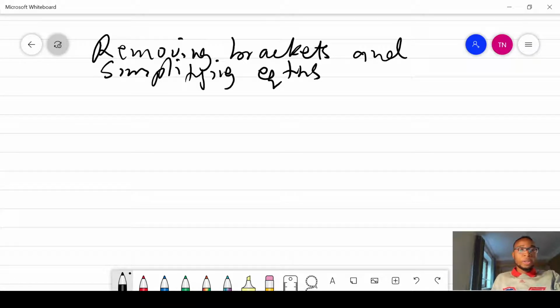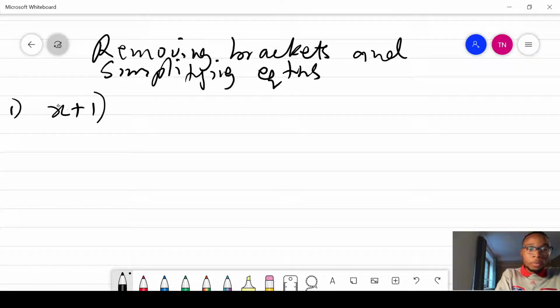So I have a couple of equations that I'm going to be expanding with you here. So example number 1 is going to be fairly simple. So I have 2 so this is what we're going to be expanding. So when you're going to be expanding, it's simple.